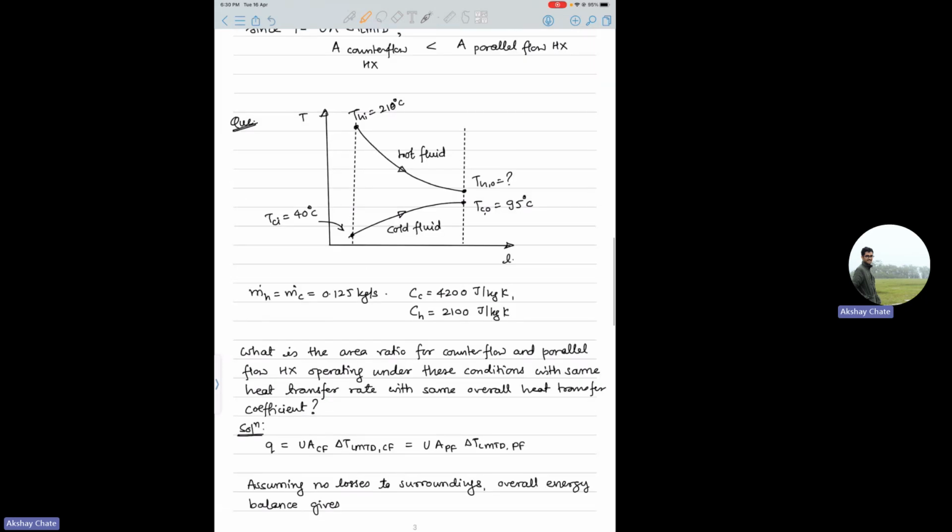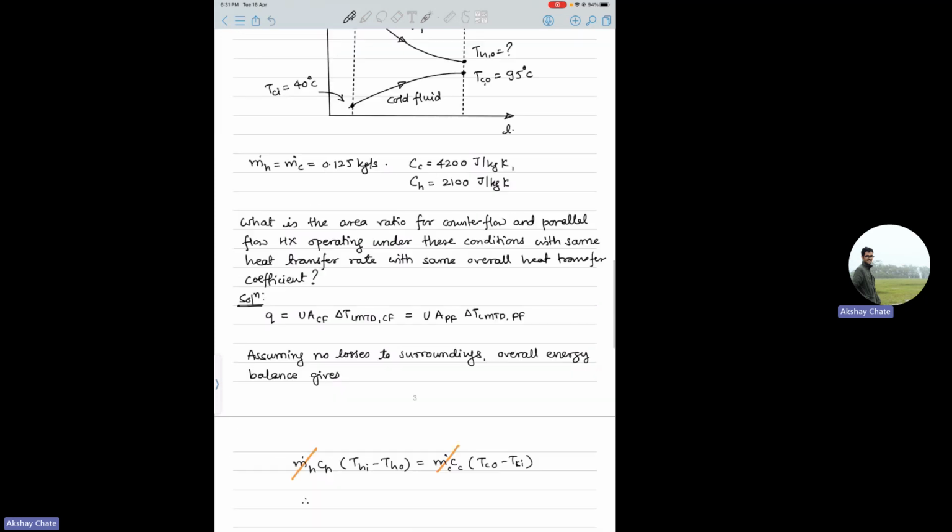The inlet is 210 and 40. Cp hot is 2100 and Cp cold is 4200.